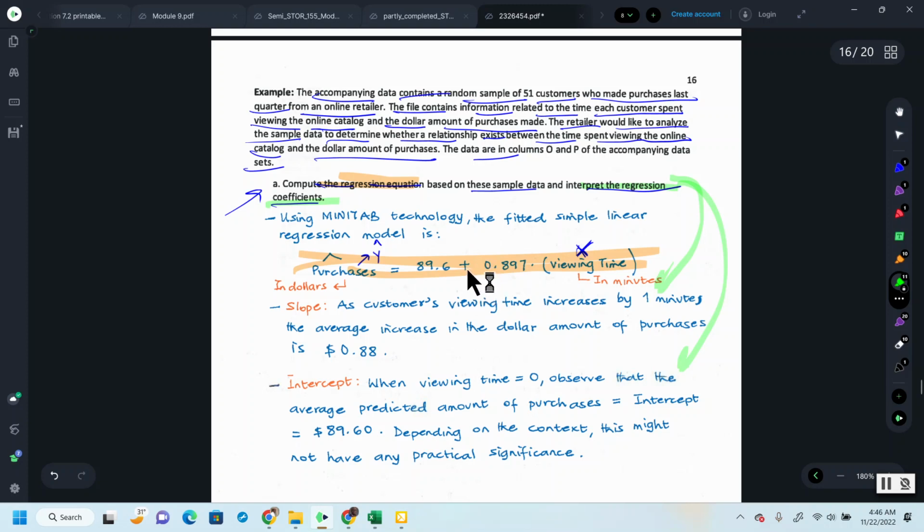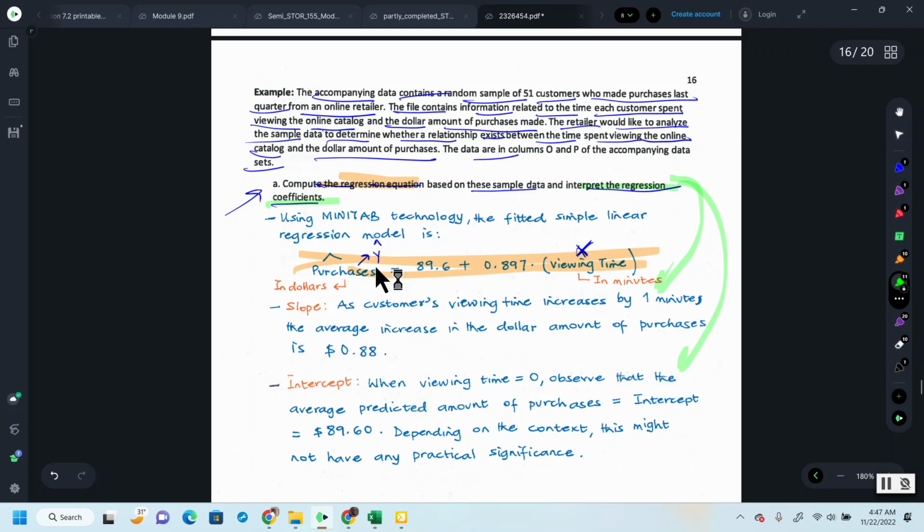What does this positive slope mean? As customers' viewing time increases by 1 minute, I expect on average that purchases will also increase in dollar amount by approximately 0.89, which should be rounded off to 0.90. So this should be about $0.90.